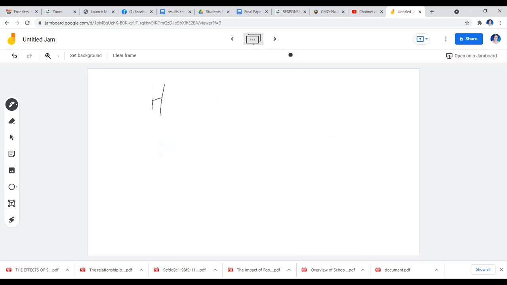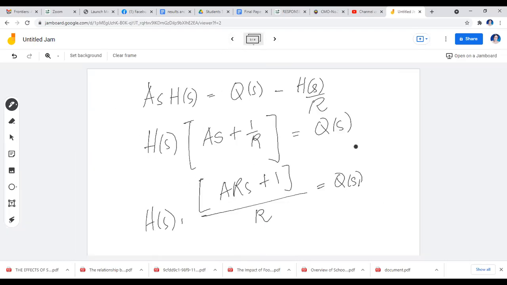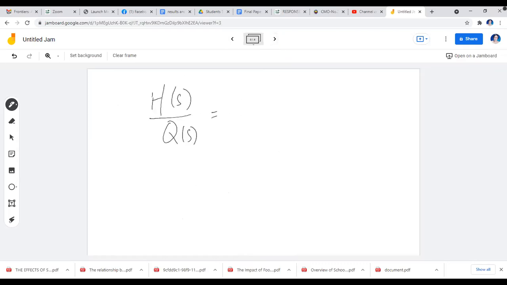So you will have H of S over Q of S equal to, in this case, this R goes up and this expression goes down. So you'll have R over ARS plus 1.